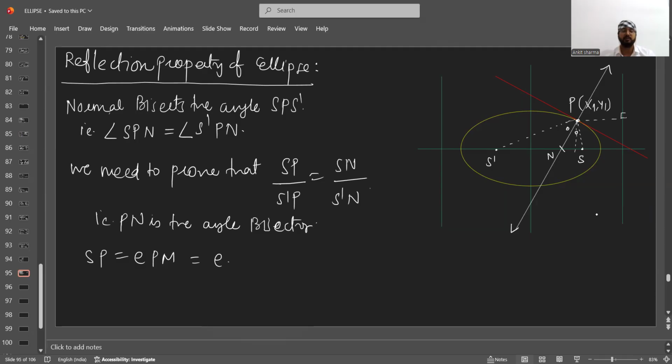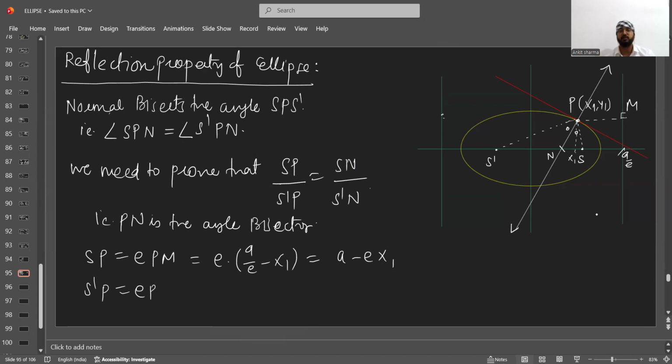If I draw the perpendicular, this is M, so this point is x1 and this is a/e. To find PM, from a/e I subtract x1. So this gives me simply a − e·x1. This is SP, and S'P would be simply e times PM'.